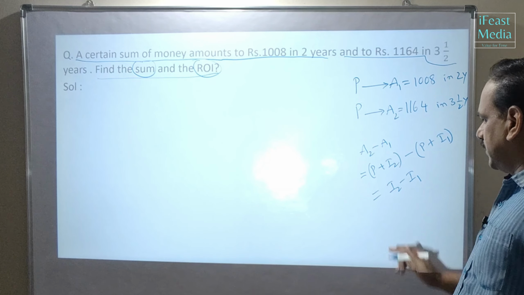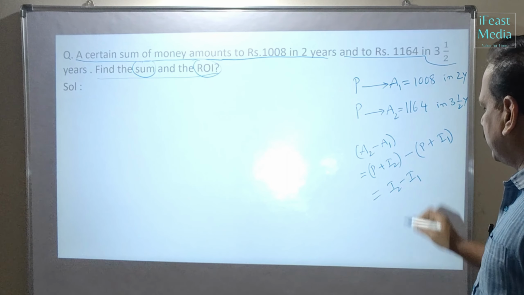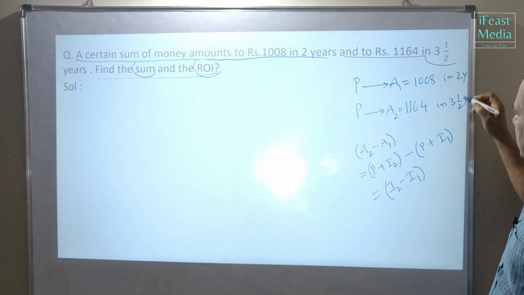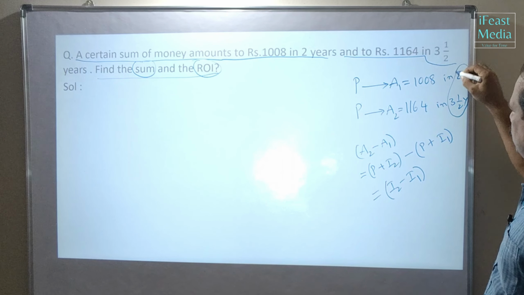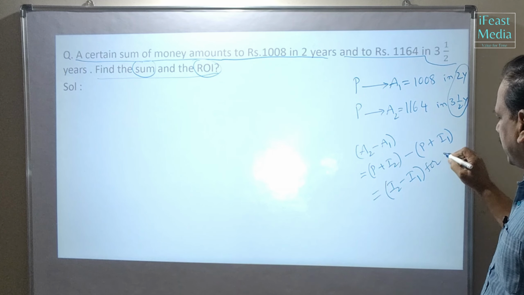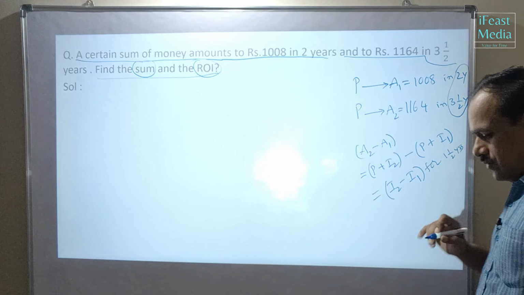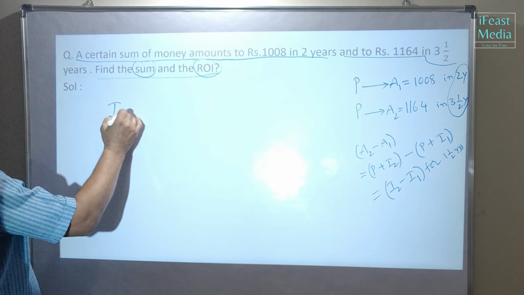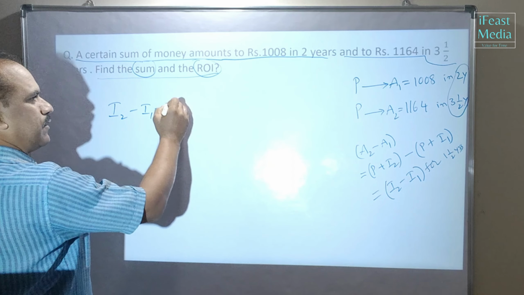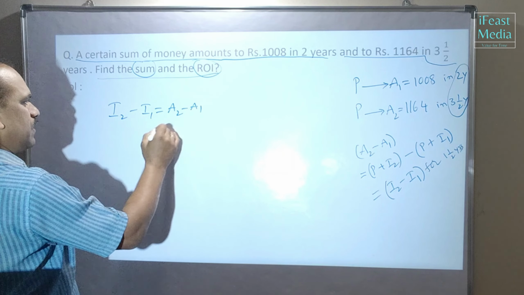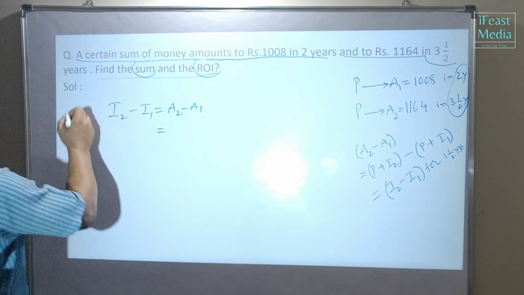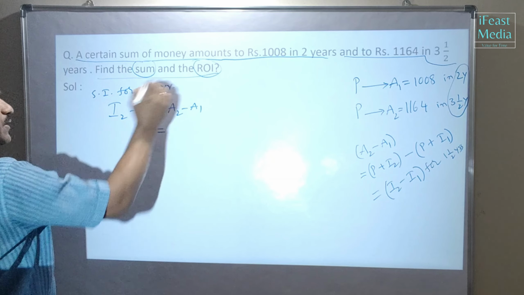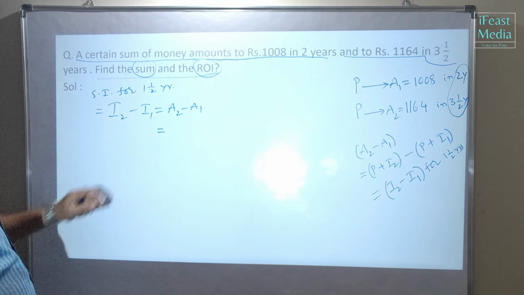So what is this difference between the amounts, and between the simple interests? It is for a duration of 3.5 years minus 2 years, which is 1.5 years. I2 minus I1 is A2 minus A1.